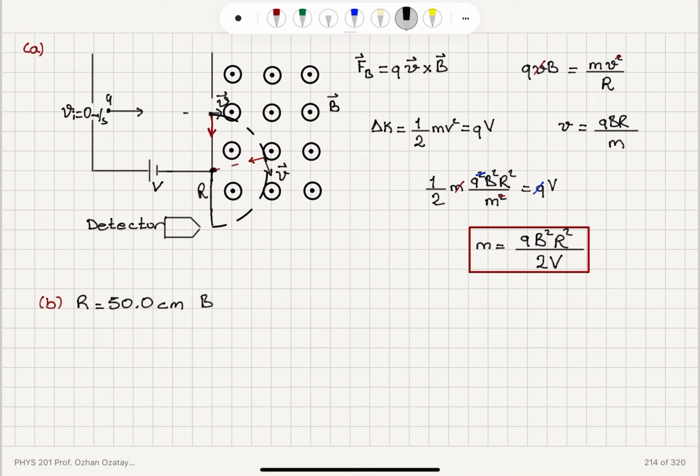The magnetic field that's pointing out of the page is 0.15 Tesla in magnitude. What is the mass of one carbon ion? It is 12 grams, 12 times 10 to minus 3 kilograms divided by Avogadro's number, 6.02 times 10 to 23. And the charge is 1 electron charge, which is 1.6 times 10 to minus 19 coulombs.